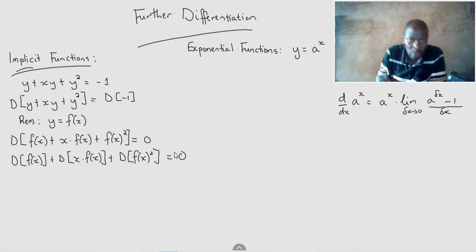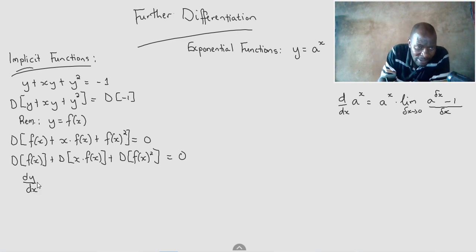But we already know the derivative of the right hand side is 0. So now what do we do? The derivative of f of x, but this is y, so it's dy dx. That's the derivative of y, dy dx. f prime x, dy dx means the same thing. Plus, this is a product here, so we can say the one times the derivative of the other, which is dy dx.